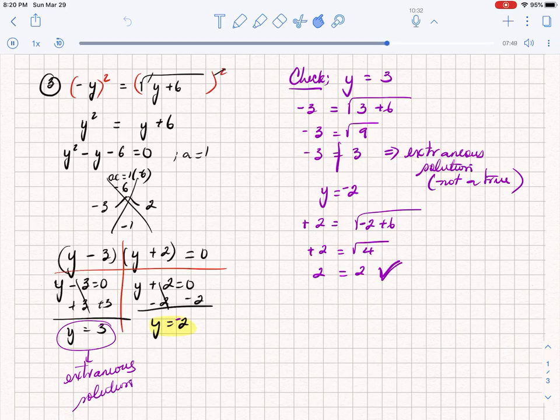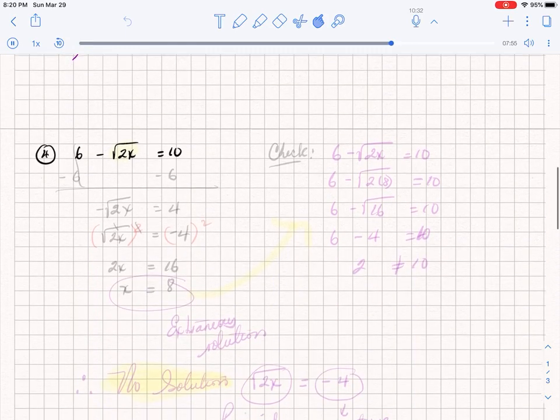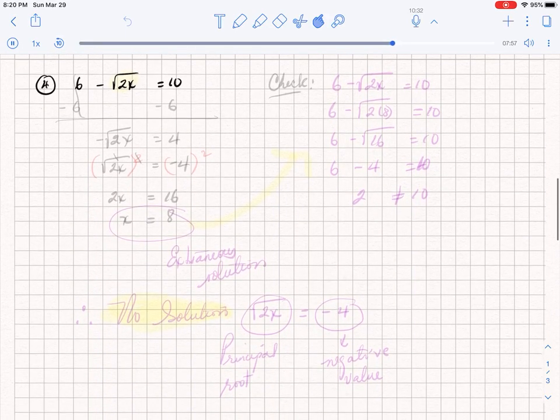This one, I have 6 minus square root of 2x equals 10. The radical needs to be by itself, so let me solve everything. We're going to have minus 6, and then negative square root of 2x equals negative 4.